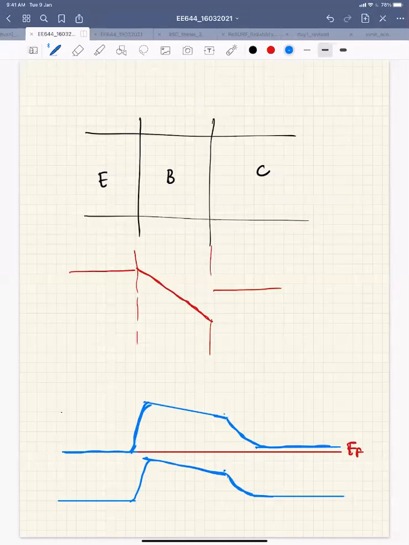See, you look at the base. If you look at the base here, will there be electric field in the base? Anybody?